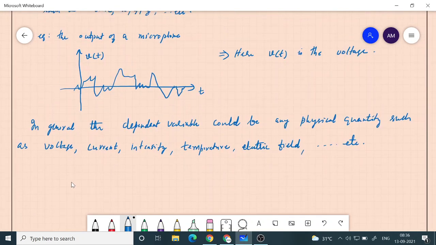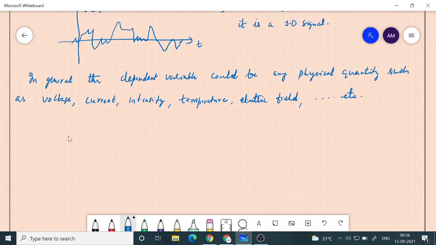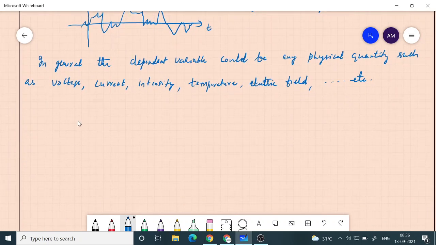So the above example is a one-dimensional signal, 1D, because it depends only on one independent variable. Example 2, an image.